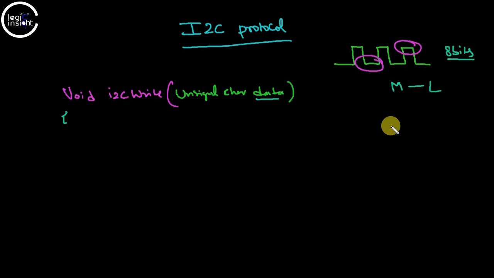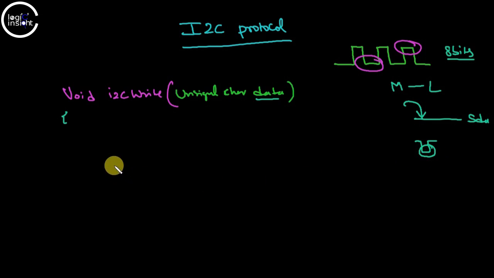Now, how to transfer the data? Before that, we should know that while we put the data on the SDA line, we have to make the clock low. Only in this condition can we put the data.